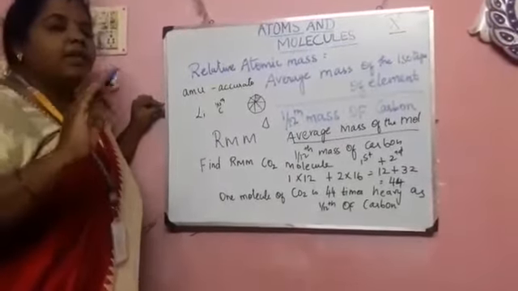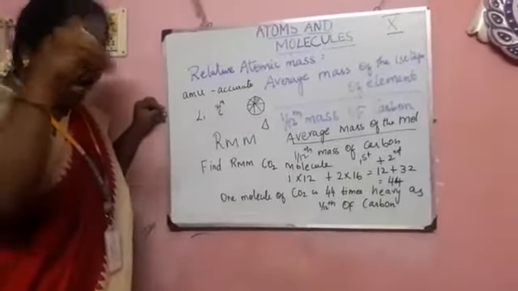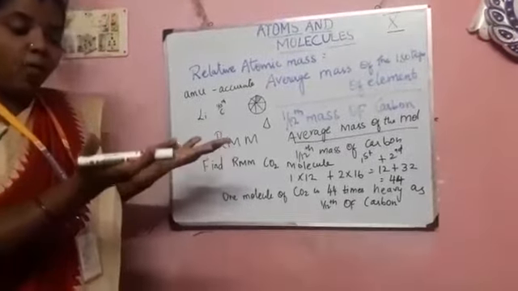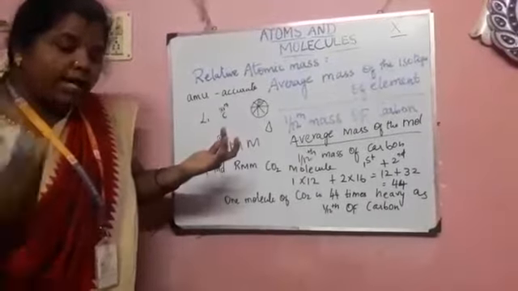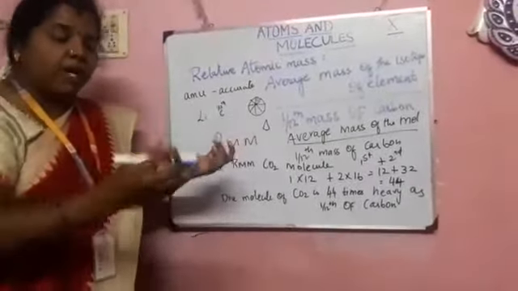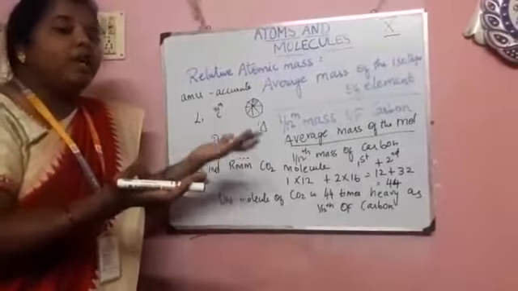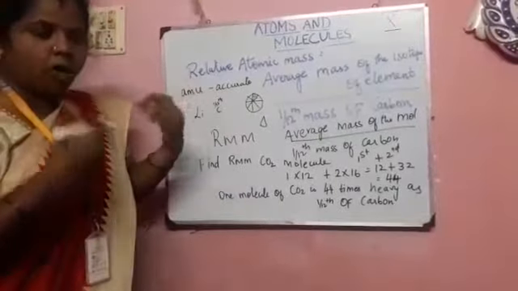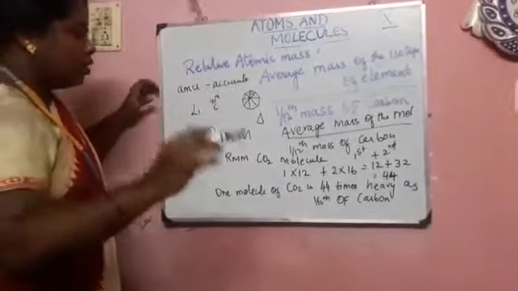We know that lithium has atomic number 3. So here it is lithium and here one part of carbon, so it is not balanced. Again you place one, again you place one. Finally we noted that 3 parts of carbon will equal the lithium. So the atomic mass of lithium is 3, isn't it?